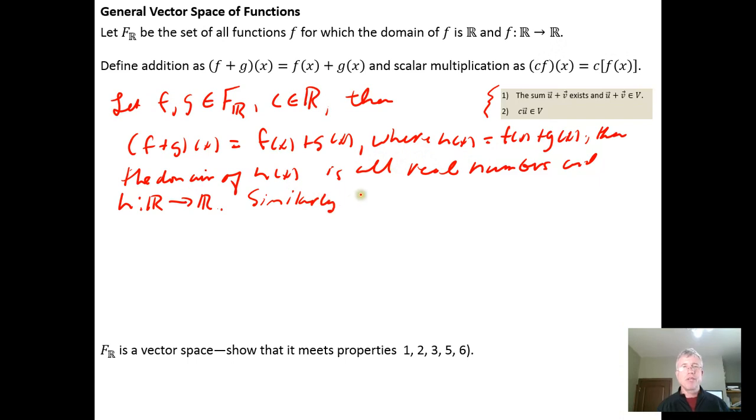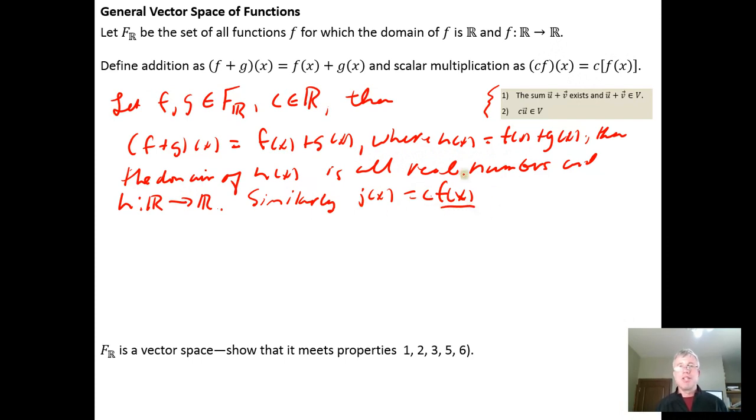So similarly, if we look at a function, let's use something other than h, so you say j of x equals a scalar multiple of f of x, then we know that if f of x has domain all real numbers, then just multiplying f of x by a scalar c gives us a function j whose domain is still all real numbers, and the outputs are going to be real number outputs, because a real number scalar times a real number is just going to be a real number.